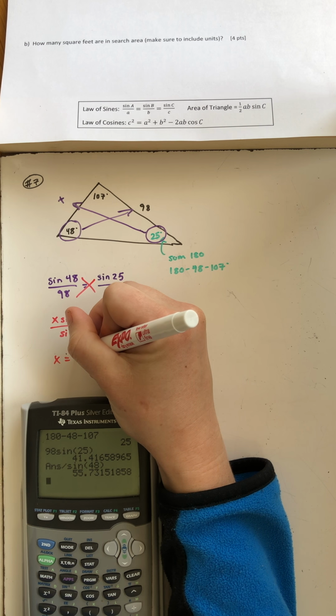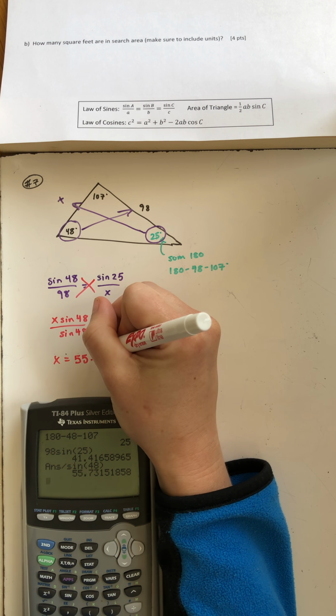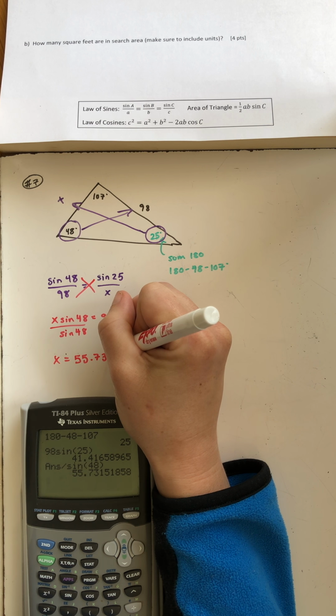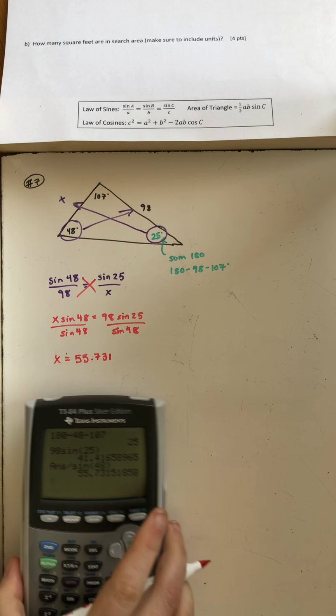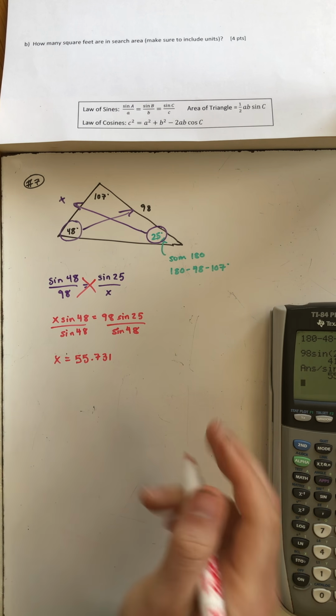The missing side, x, is 55.731, or you could write 0.732.